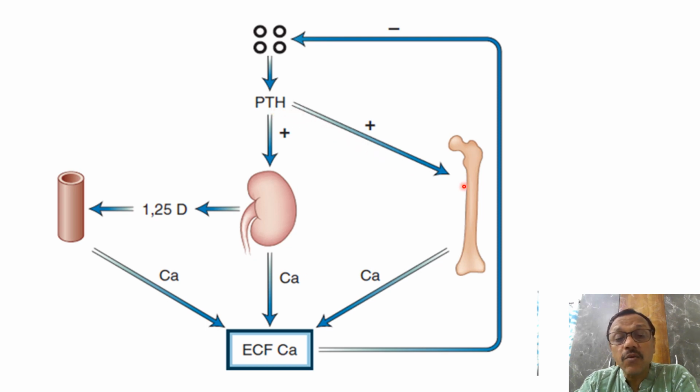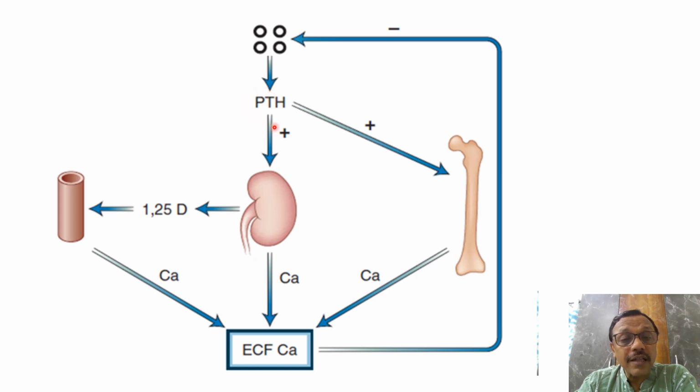Number one, it will go to the bone for increased reabsorption of the calcium ion through the osteoclast and osteoblast cells, which I have already discussed. Then it will go to the kidney, and from the kidney again there will be a large amount of calcium reabsorption, and vitamin D3 will be formed in large amount in the kidney.